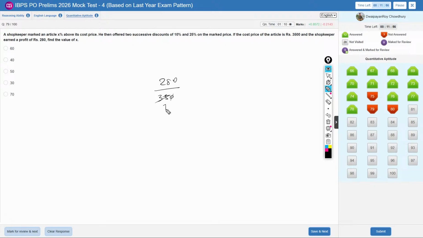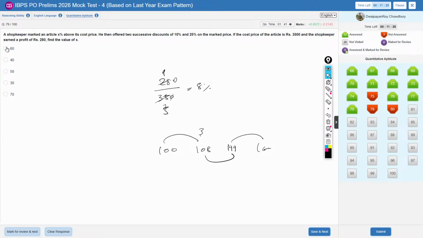So 5, 7, 5, or rather 7, 5, 7, 4. So 8% profit. So 100 to 108. This is 3. Then 2 is what? Then 4 is what? 4 is 36. 1, 4, 4. Then again, after 10%, so 160.